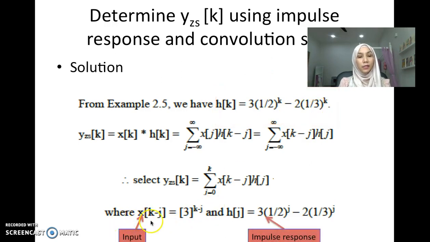And this is the input x[k-j], 3^(k-j). Since it is k minus j, this is 3^(k-j). And h[j], which is the impulse response, we replace k with j: h[j] equals 3(1/2)^j - 2(1/3)^j, to put into this equation.